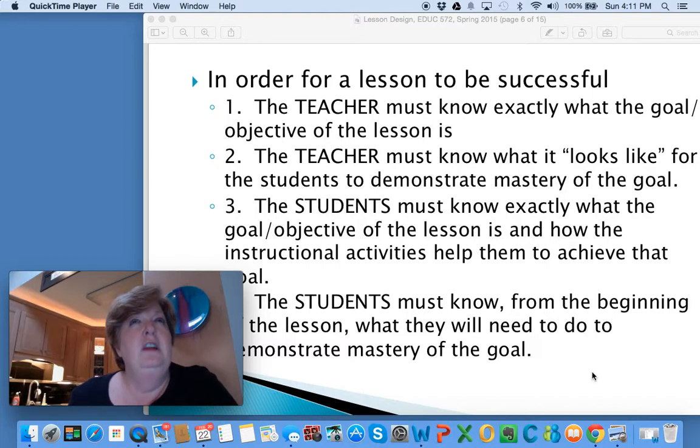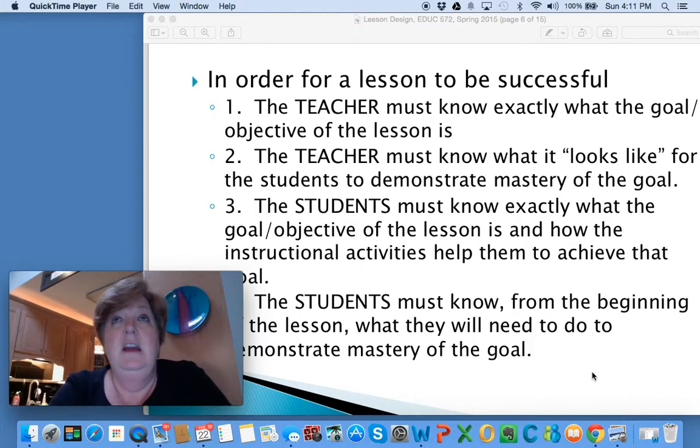You also need to know if kids can do that. How would I know it? What would students be doing? What work product would they be creating? What activity would I be observing if students could do what the objective of the lesson is?